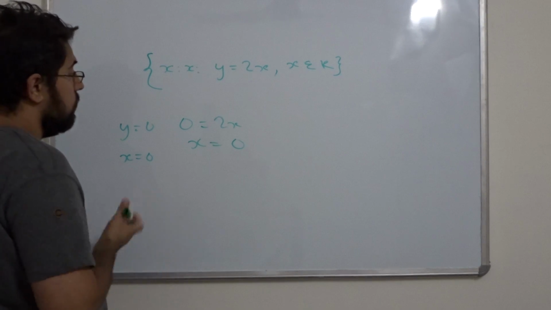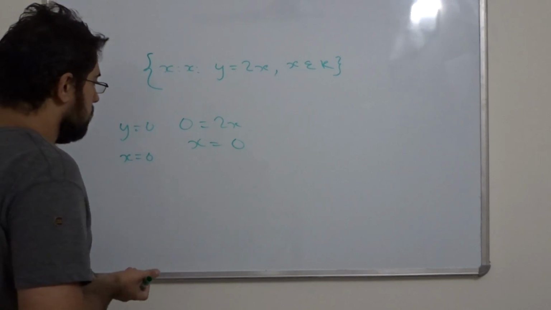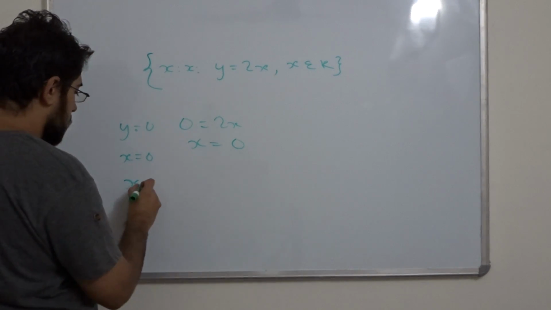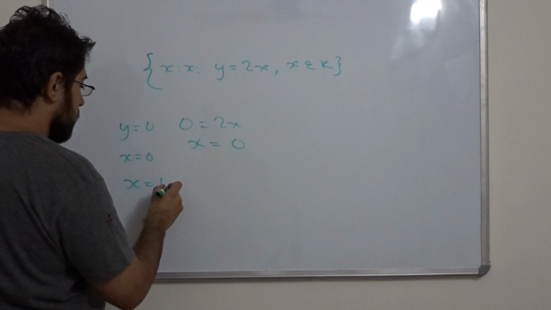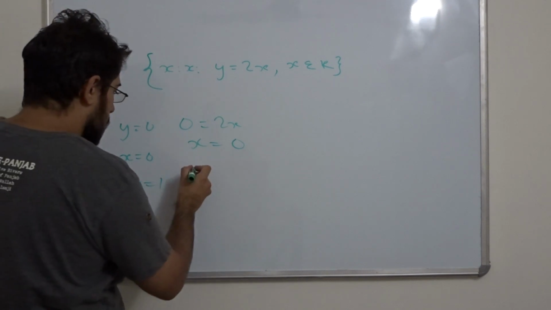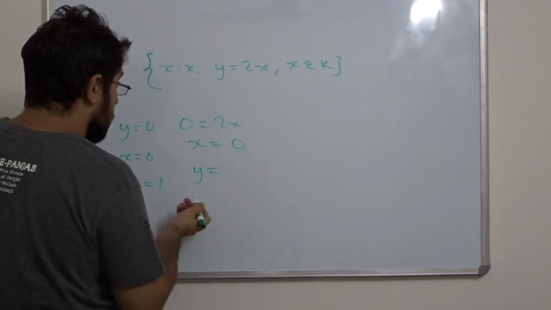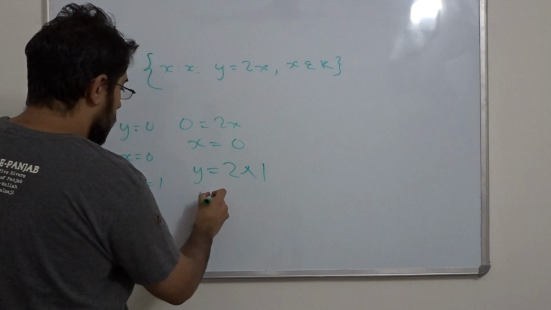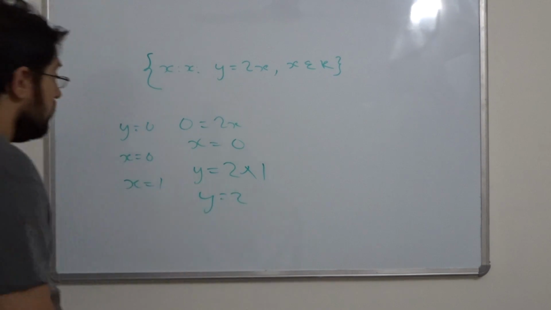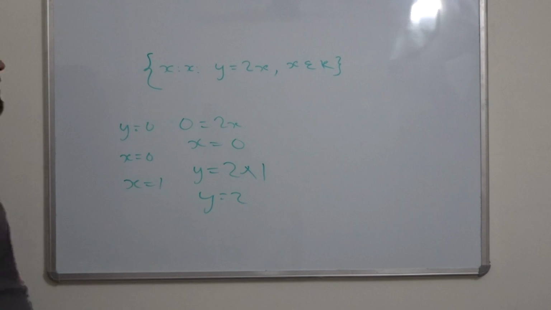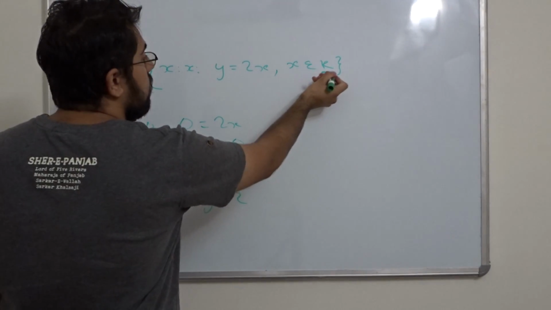If x is equal to 1, then y is equal to 2. And this way, guys, this can go on forever because it's all real numbers.